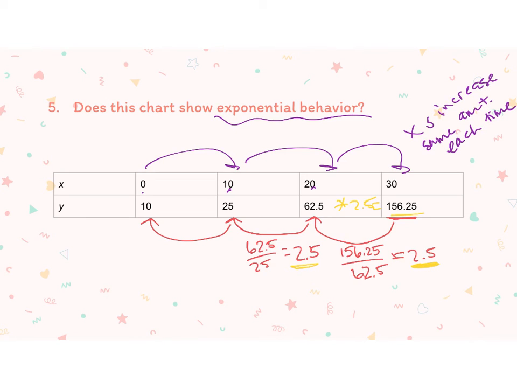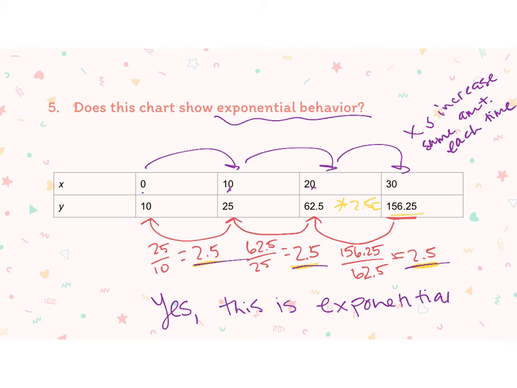Now let's check the last one. 25 divided by 10. And most of us can do that in our head. Just move your decimal over, but you can use your calculator. So 25 divided by 10 is in fact 2.5. So because all of these are the same, yes, this is exponential.